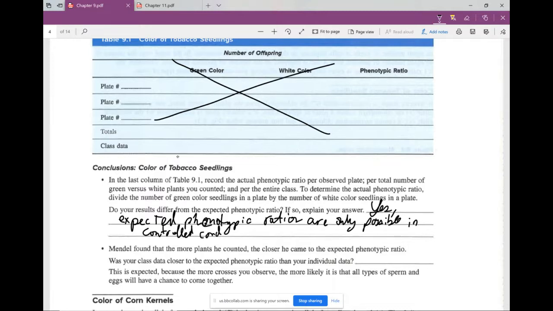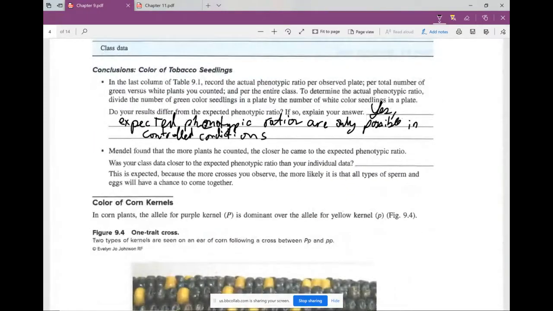So you'd have to control how many gametes were out there, how many pollen grains fertilized, how many egg cells in the ovaries of the plants.